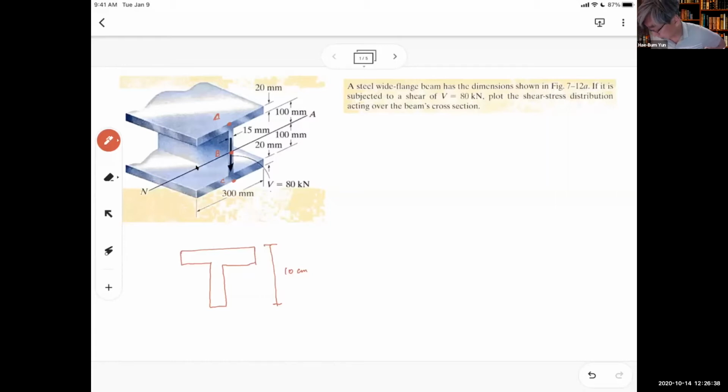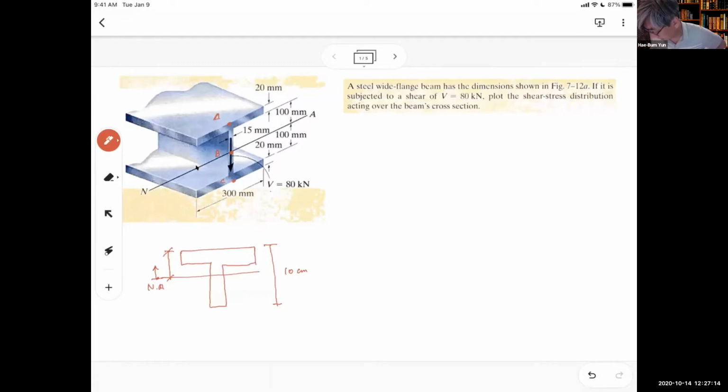So you can calculate the y bar or neutral axis the same way that you learned in bending, chapter 6. So then you can determine the neutral axis location, right? Then y starts from the neutral axis to wherever you want to go, right? So then go to the top or go to the bottom.